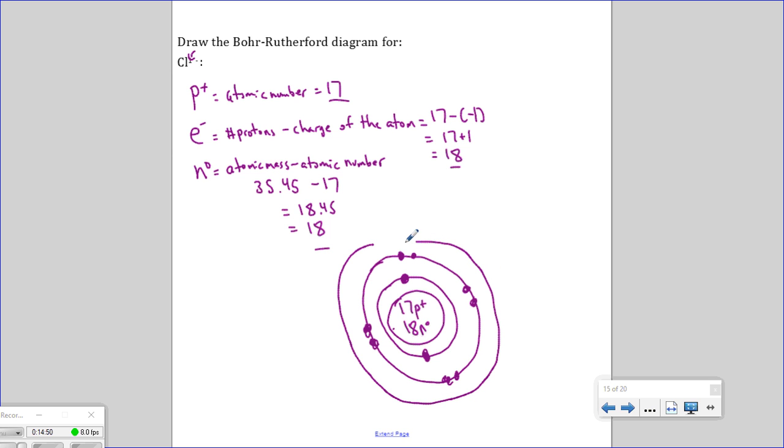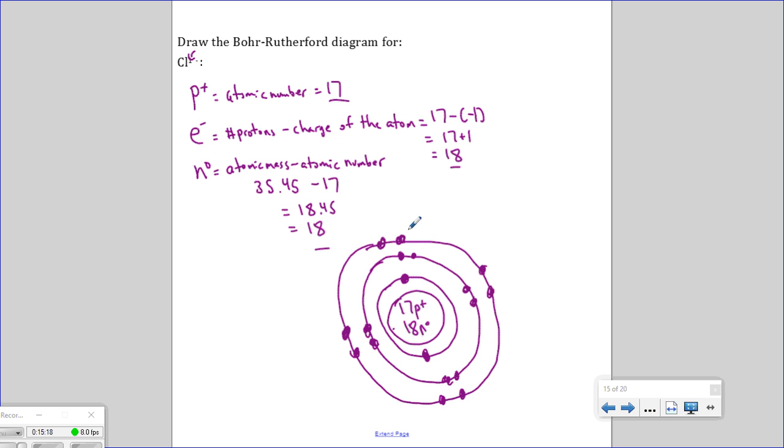So we'll draw a third orbit and add in our remaining 8 electrons. So here we can see that our valence shell is full of electrons, so this outer orbit has a full amount of electrons. The number of protons has stayed the same, the number of neutrons has stayed the same.